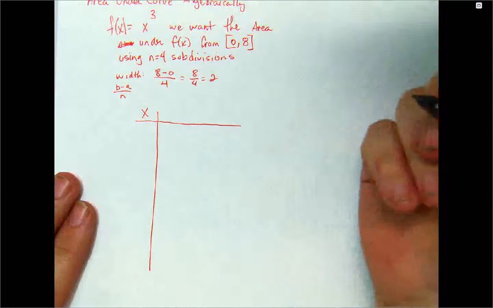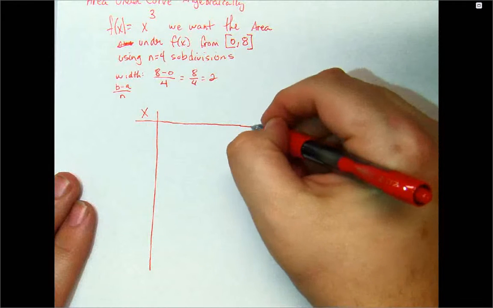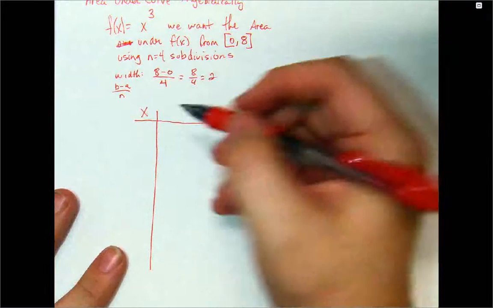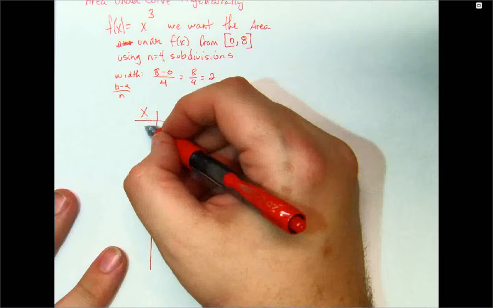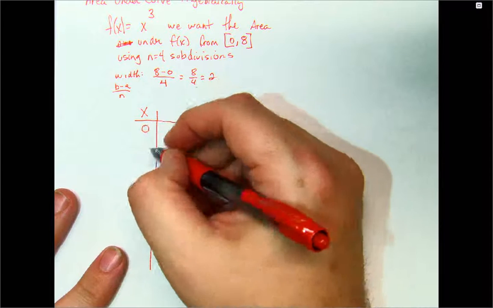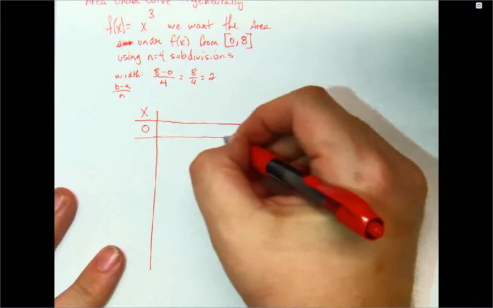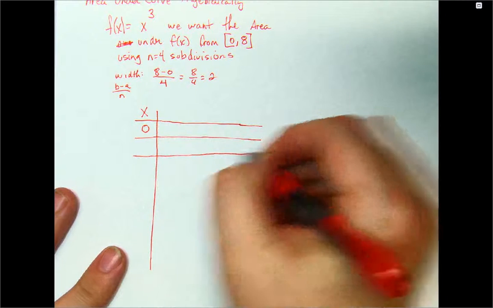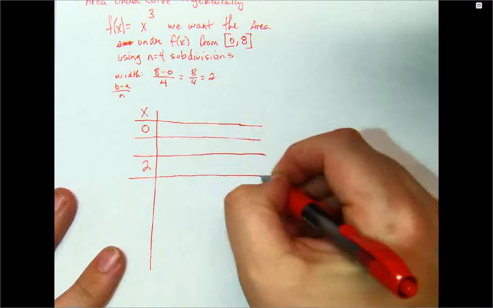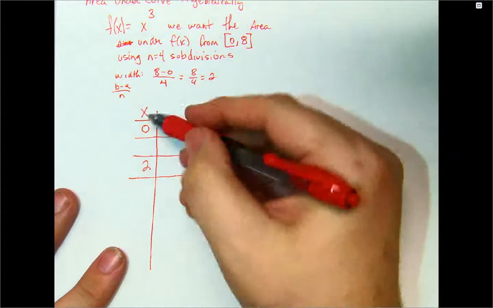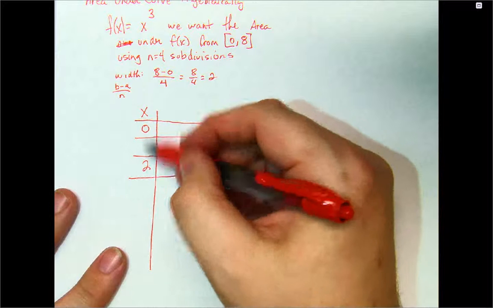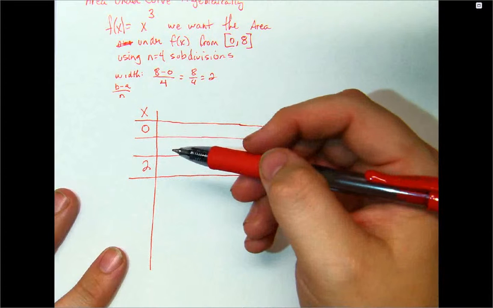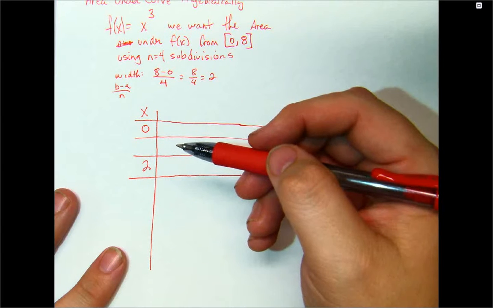And I'm going to put in this table 0. I'm going to skip a section, put a 2. Why would I go from 0 to 2? Yeah, that's where my next subdivision point would be.